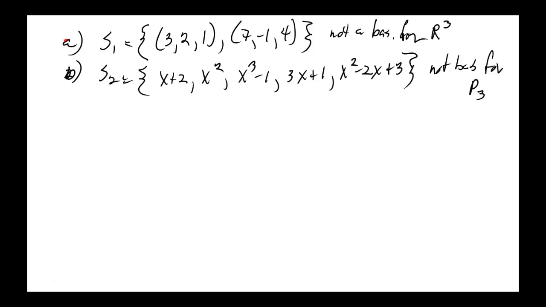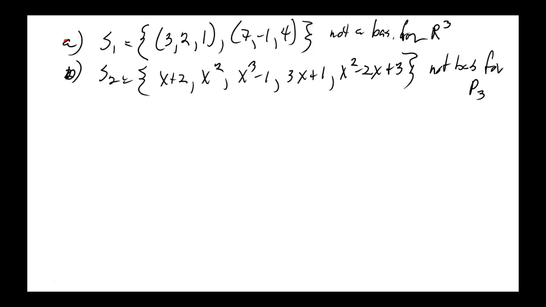Like I said, you have 3x's and 2 x squared terms. Actually, the easiest way to do this is to look at the count. You've got 1, 2, 3, 4, 5 vectors, and you only need 4.